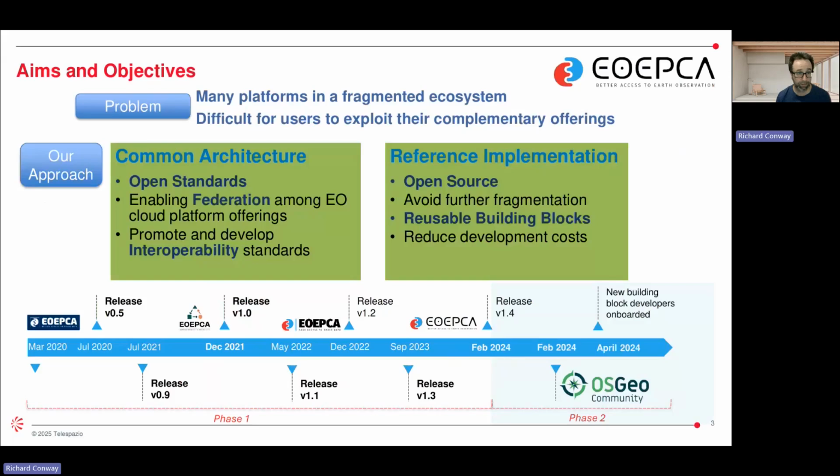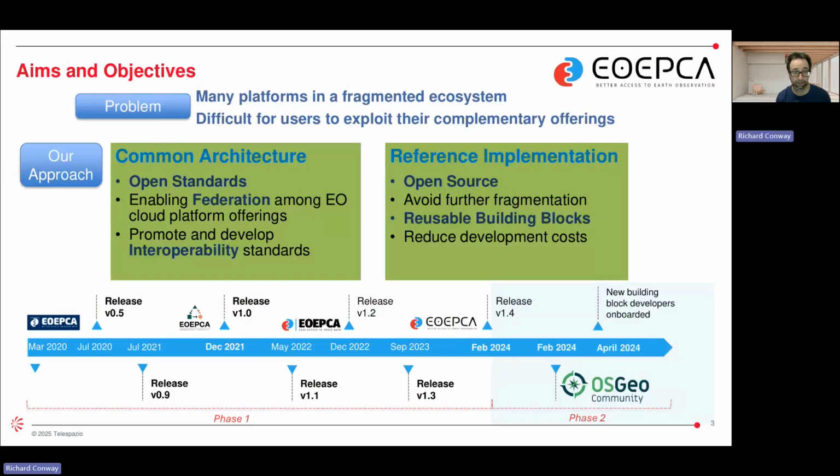So what is our approach of the common architecture? It's to first of all encourage the federation amongst platforms by using open standards, and also promoting standards for interoperability as well. Through that we have defined an architecture that's based around what we call building blocks, each building block representing a certain capability within the platform.